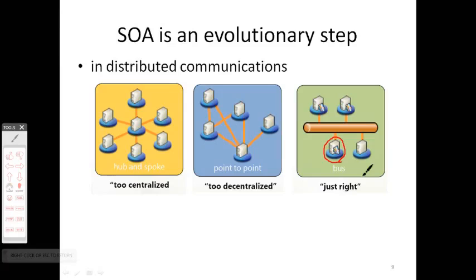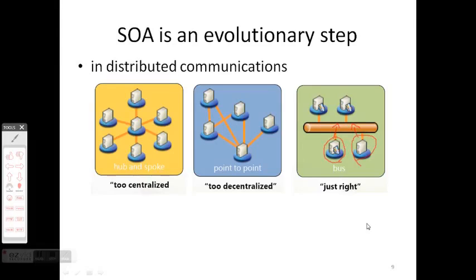Therefore, we come up with a new idea called service-oriented architecture that uses the concept of individual, independent services, and those services could be of type business services, data services, application services, or infrastructure services.